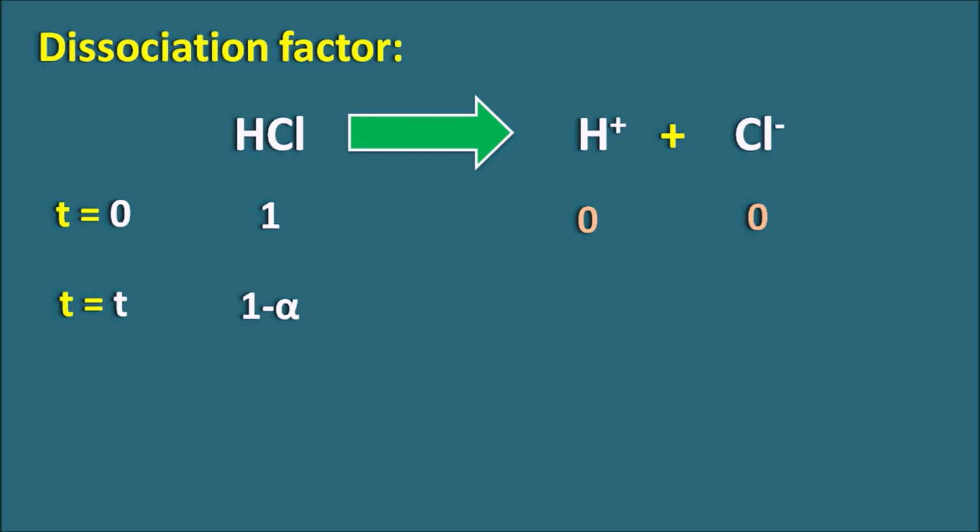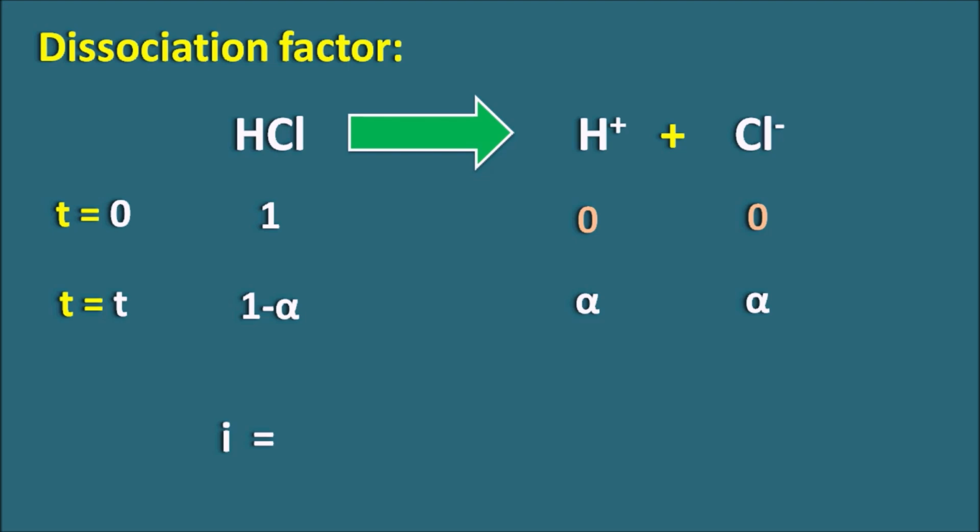Then when alpha moles of HCl dissociate, they form alpha moles of H+ ions and alpha moles of Cl- ions. So this is after dissociation. Now the dissociation factor i is equal to the number of species after dissociation divided by the number of species before dissociation.